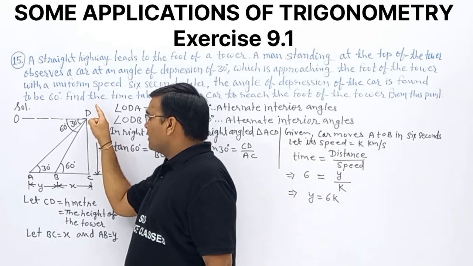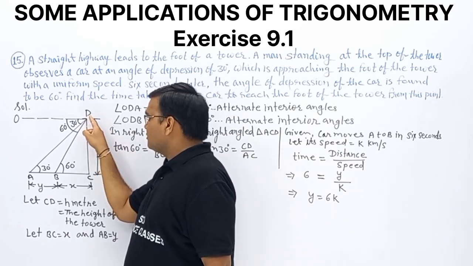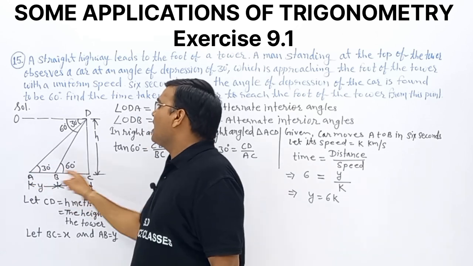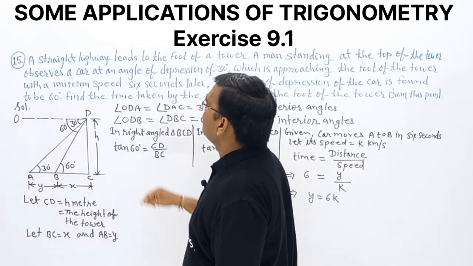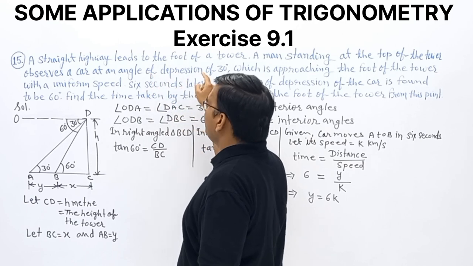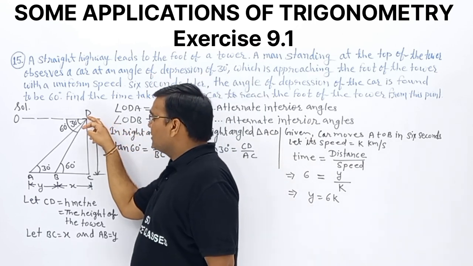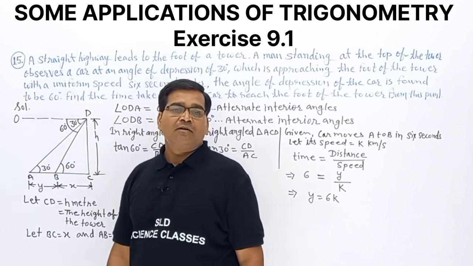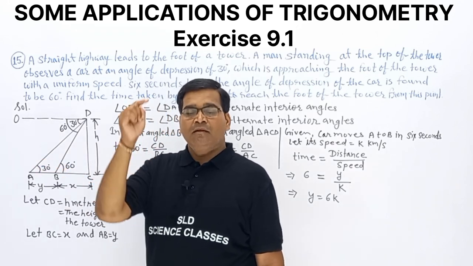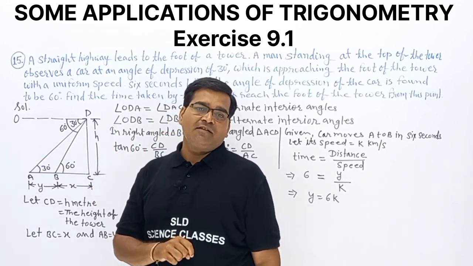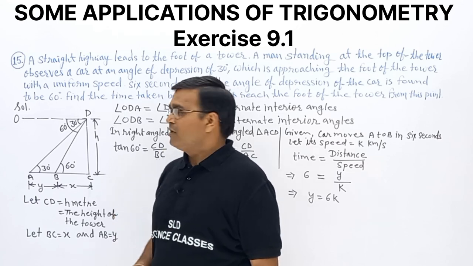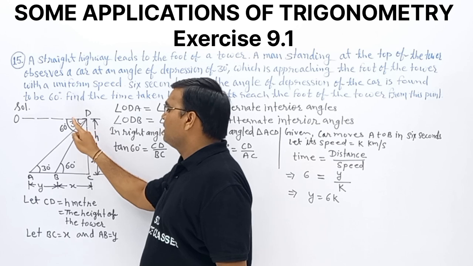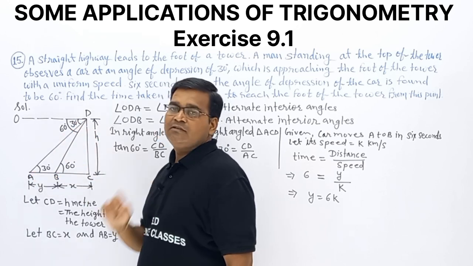The man is observing a car on the highway. So the man is looking at the car downward. When the man lowers his head, we get the angle of depression. So the angle of depression will be 30 degrees, and the car is there.